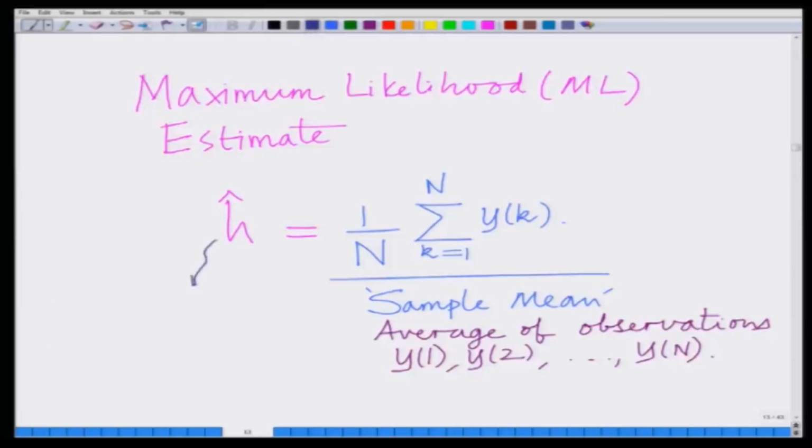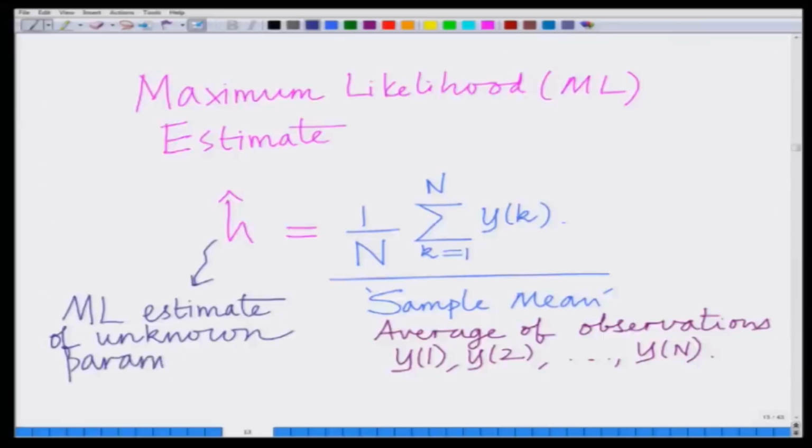This is the ML estimate of the unknown parameter h, which is given by this average, 1 over n summation k equals 1 to n y of k, the average of the observations y1, y2, yn, also known as the sample mean.